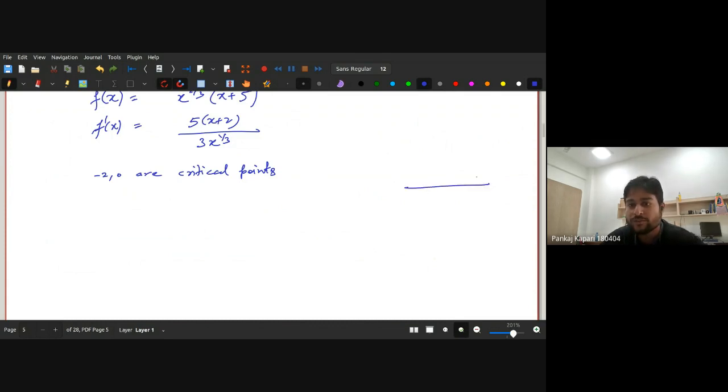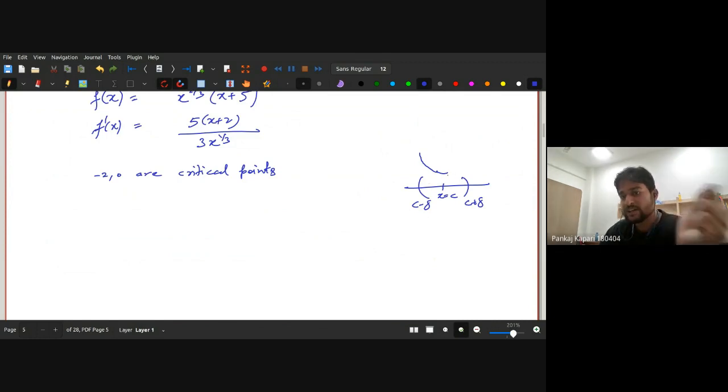So let's say this is your x equal to c, that critical point. If the sign of the derivative is negative on the left of c, that means the function is decreasing.